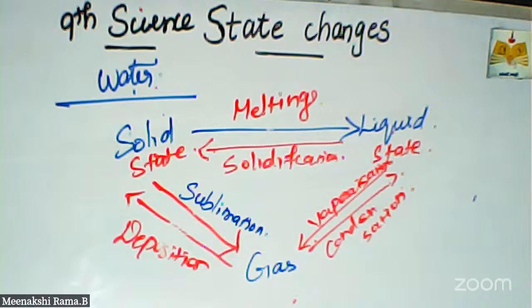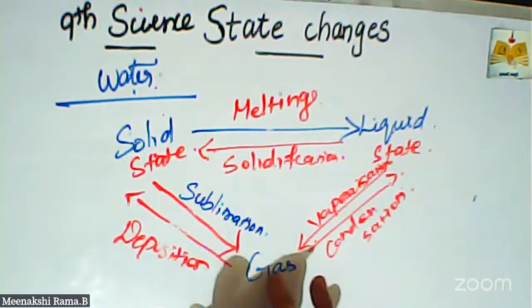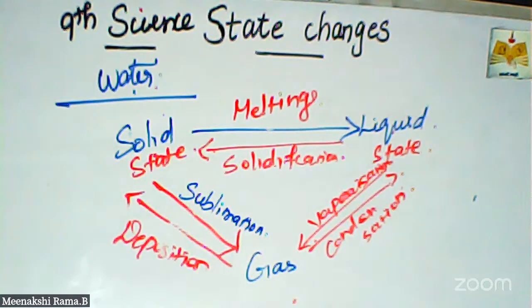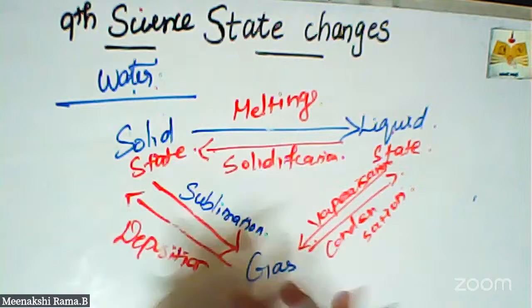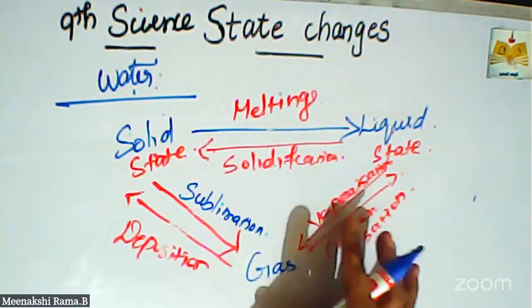So what are the concepts we learned? The main concept is state changes. With the help of these processes we understood and concluded some details about the topics from the session. So what are the details? I explained melting. What is melting? What is solidification? What is vaporization?